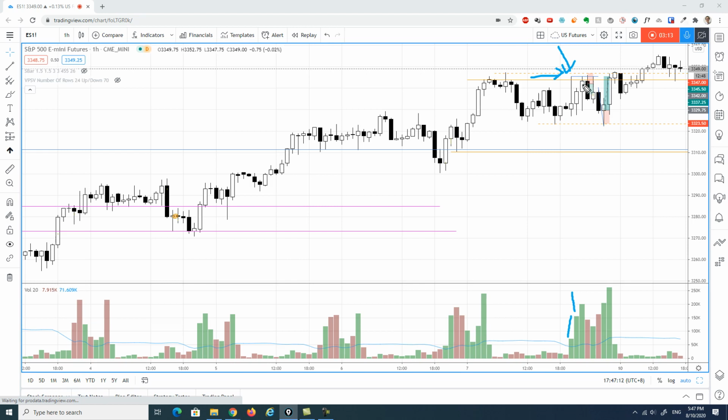But first of all, you can see that during the US opening session, after touching this level several times, we find that there's rejection from that level, and eventually we tend to sell down.